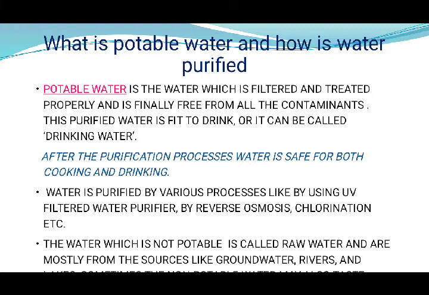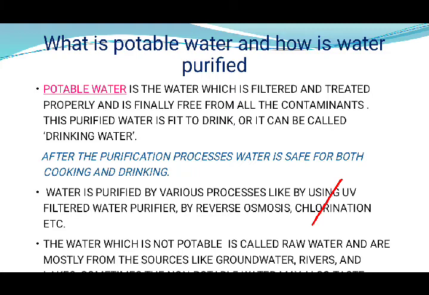Now how does this water get purified? Water is purified by various processes like using UV filtered water purifiers, reverse osmosis, chlorination, etc. The water which is not potable is called raw water, and it mostly comes from sources like groundwater, rivers, and other sources. So we should concentrate on potable water.